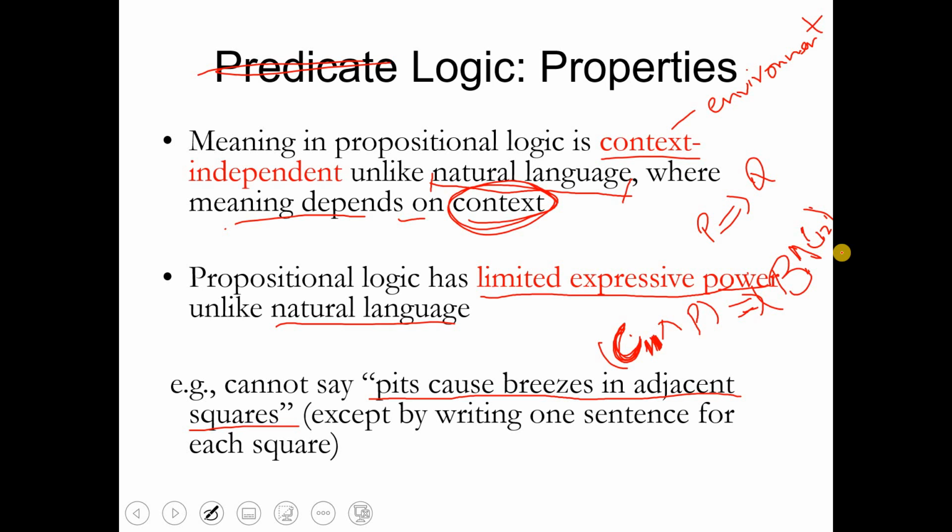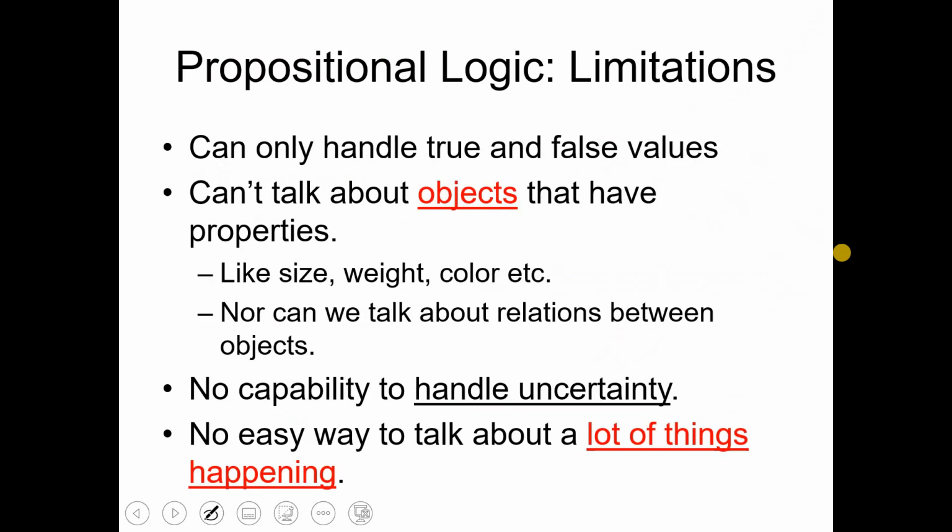This language does not have as much power as the English language has. In propositional logic you can only handle true and false values. You have only two types of values. And also you cannot talk about objects and the properties of the objects.